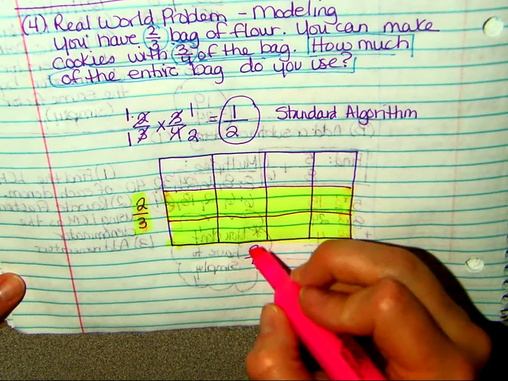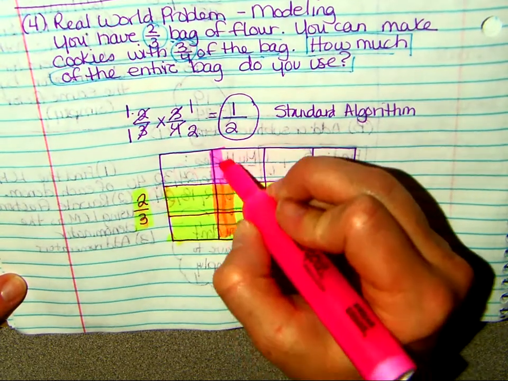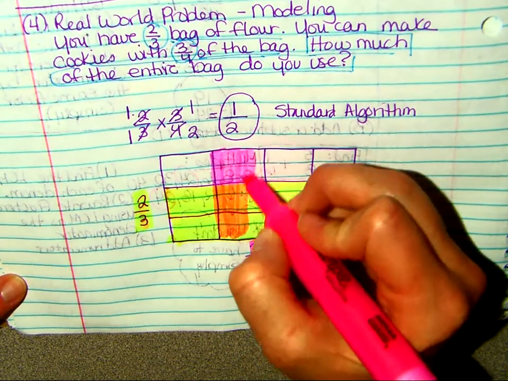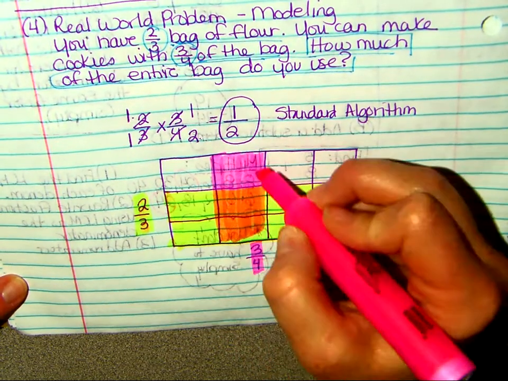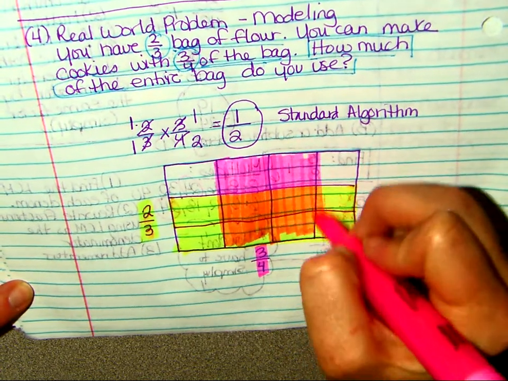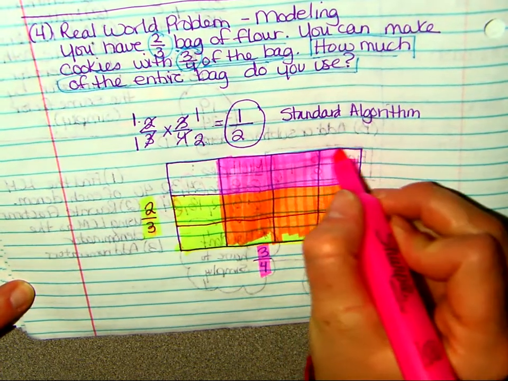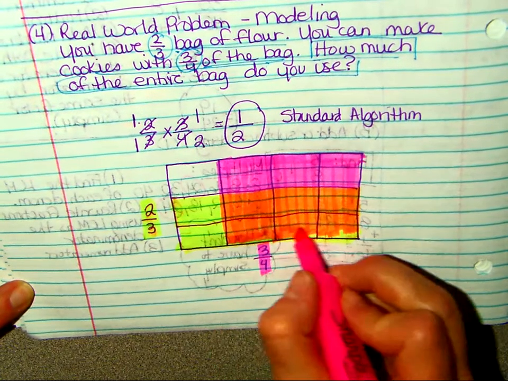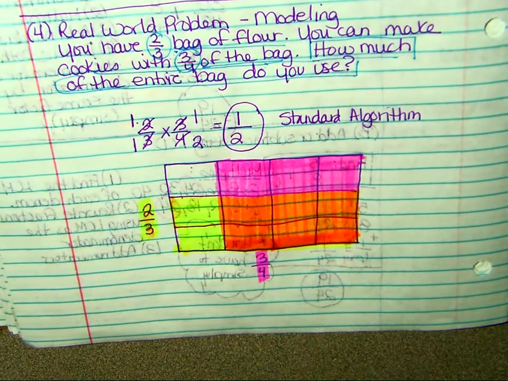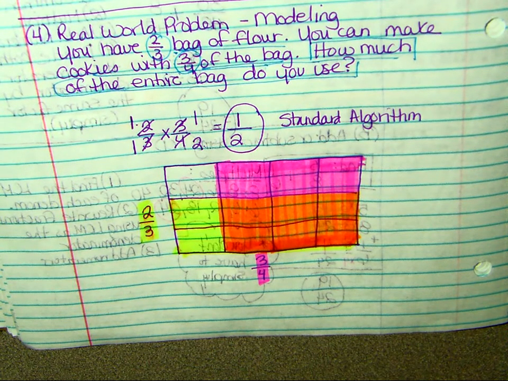So I'm going to take pink and color 3/4 in pink, going all the way to the top and bottom. And so now I've shown that 3/4 of this rectangle is pink.